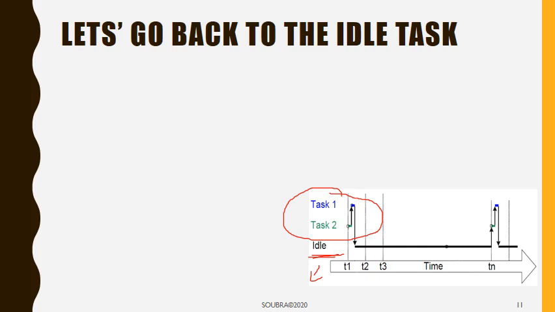You're gonna see something called a system idle process or something like that, and this is actually the same idea.